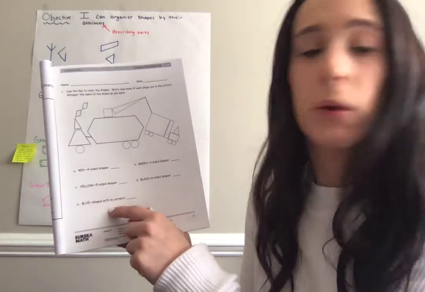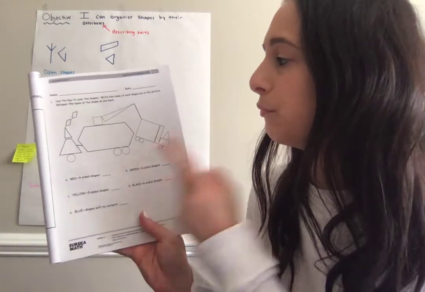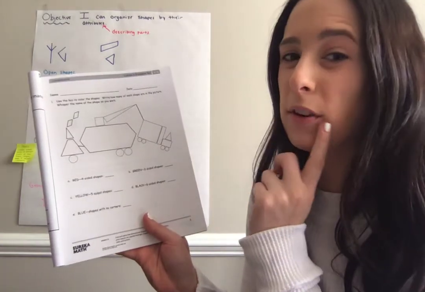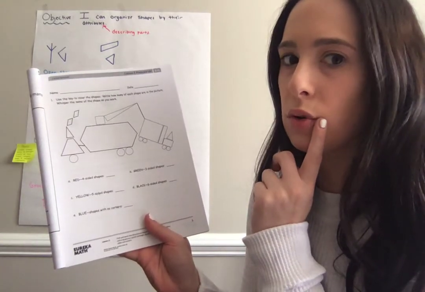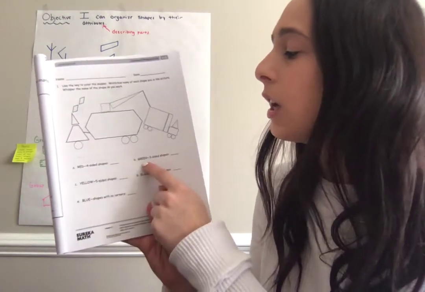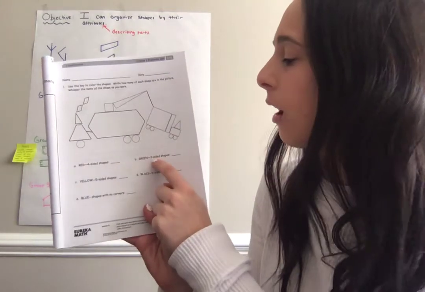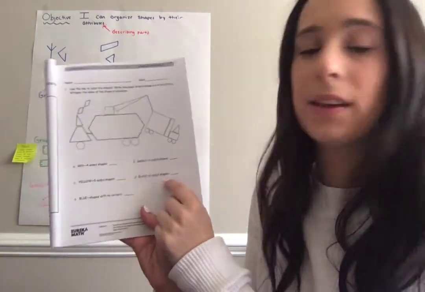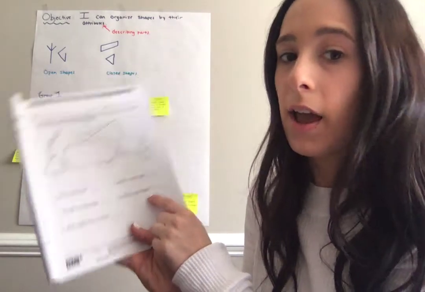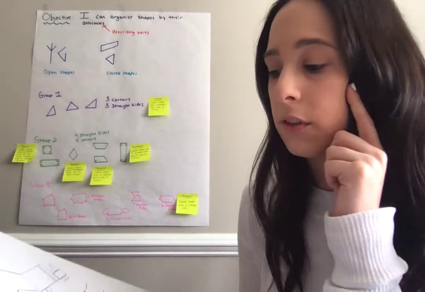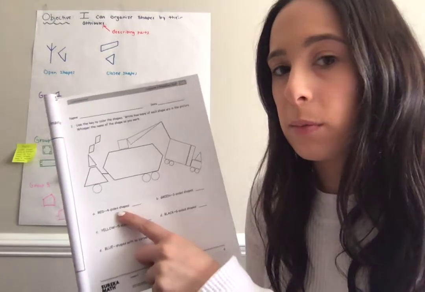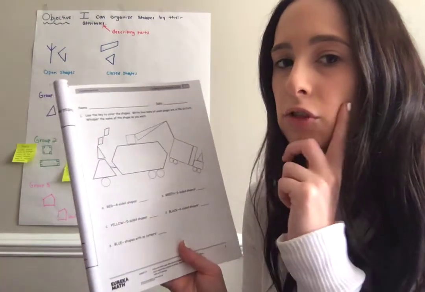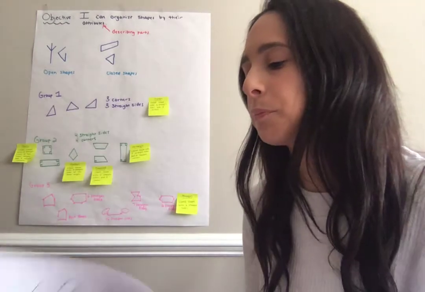Blue is shapes with no corners. With no corners. I wonder if they're going to be open or closed if they have no corners. Then you have green is going to be three-sided shapes. And black will be six-sided shapes. And then you're going to think about the name of the shape. So when you do your four-sided shapes, think about the shape as you do it.